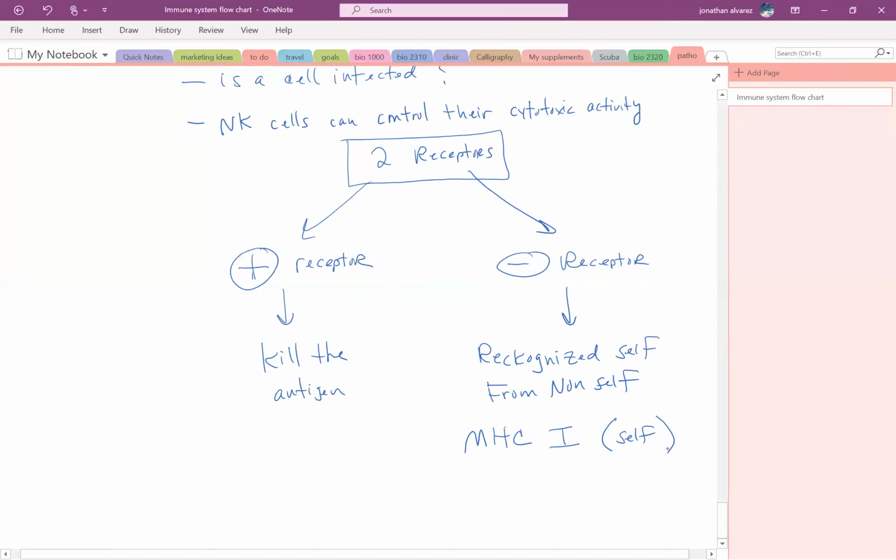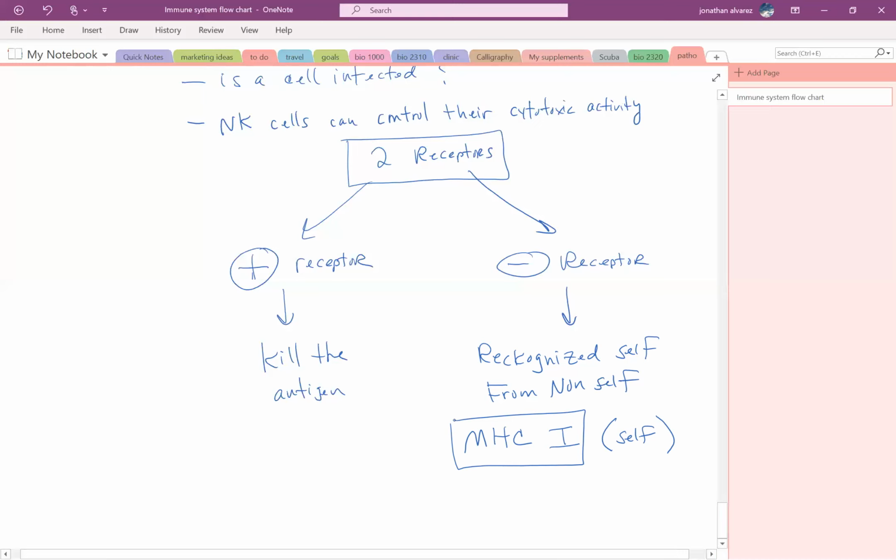Self from non-self. Okay, we have 3 different major histocompatibility complex. Okay, so there's 3 classes of them. Class 1 involves the natural killer cells.